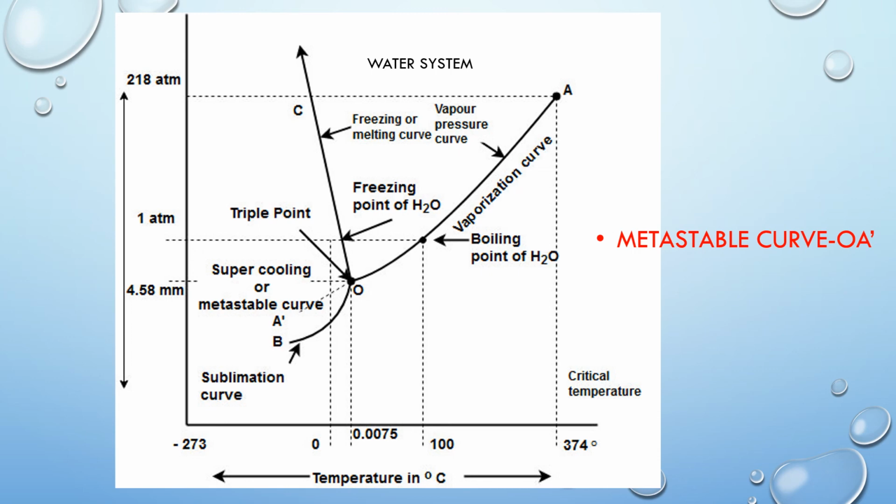The curve OA dash lies above the curve OB, which shows that a metastable system has a higher vapor pressure than the stable system at the same temperature.